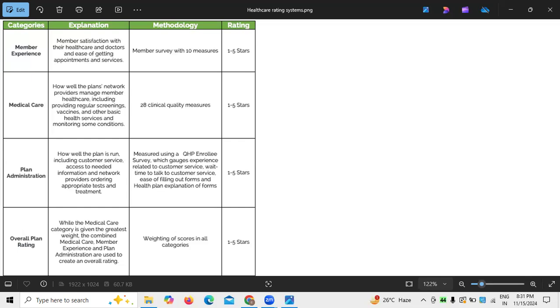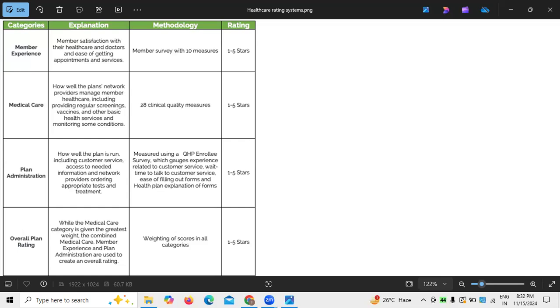In this regard, today I'm going to explain the quality rating systems, which can be divided into 4 different categories. One is member experience. Second is medical care. Third is plan administration, followed by overall plan rating. So these are the 4 major areas.